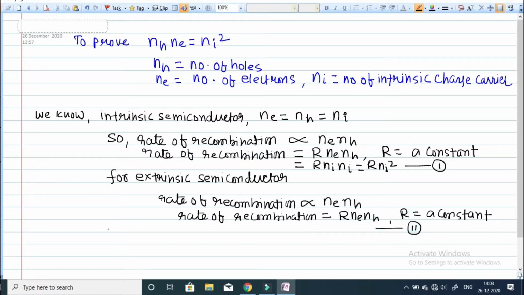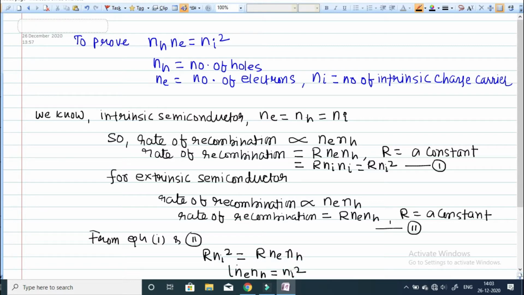From equation 1 and 2, we can write down R into Ni square is equal to R into Ne into Nh. R will be cancelled out from both sides, and then we will obtain this result. Ne into Nh is basically equal to Ni square, number of intrinsic charge carriers.